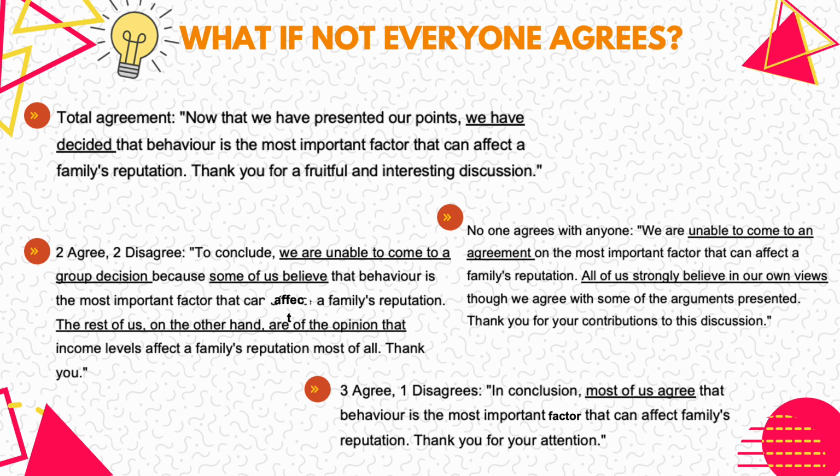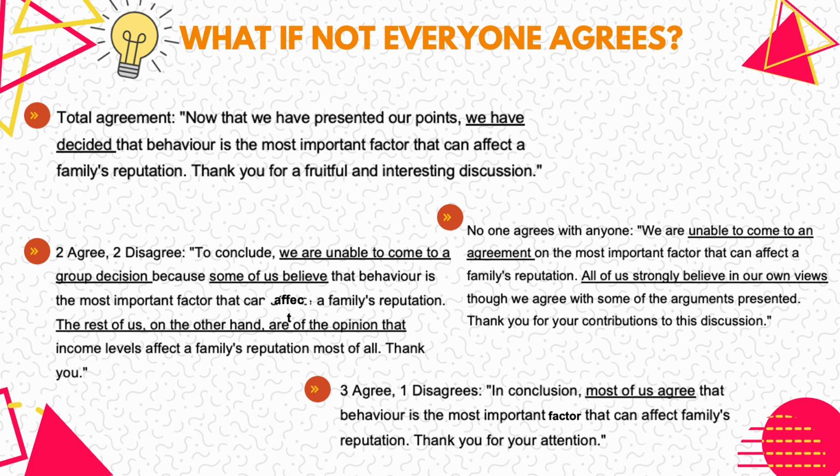Now that we have presented our points, we have decided that behavior is the most important factor that can affect a family's reputation. Thank you for a fruitful and interesting discussion. If it is 50-50, with 2 agreeing and another 2 disagreeing, to conclude: we are unable to come to a group decision because some of us believe that behavior is the most important factor that can affect a family's reputation.